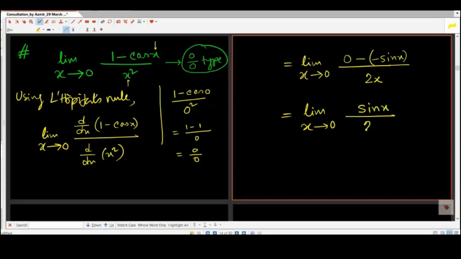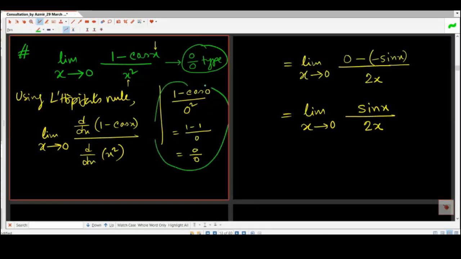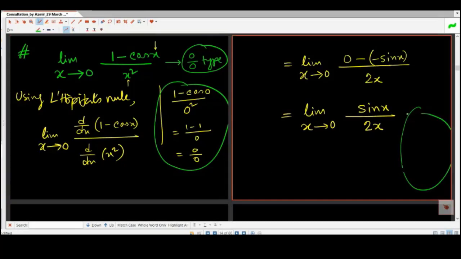So let's simplify. We have limit x tends to 0, sine x over 2x. So again, we have to check. Let's do a rough here. So this is the location for x and it is the location for x in denominator. Again, we are going to check whether it is 0 by 0 or infinity by infinity or not. So sine x, that is sine 0, 2x, that is 2 times 0.